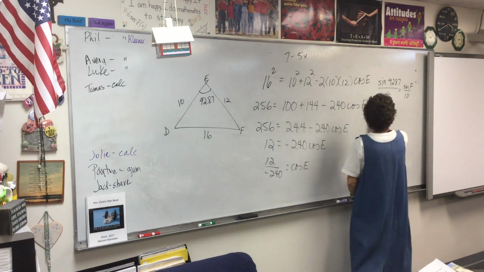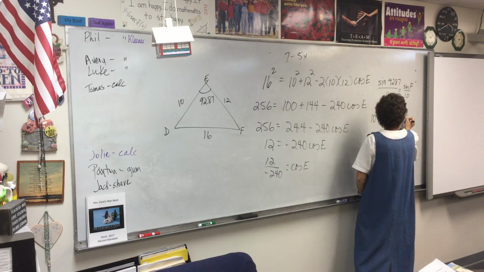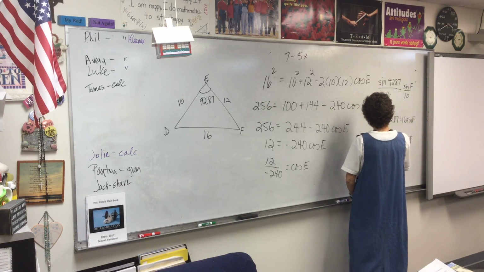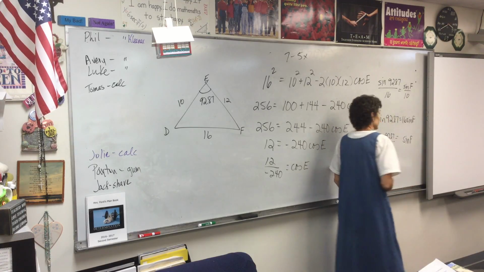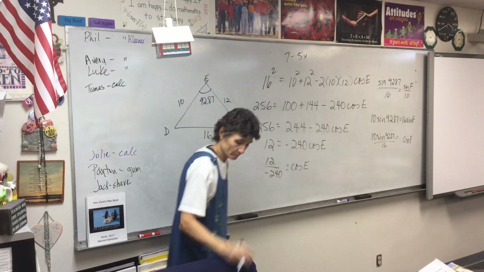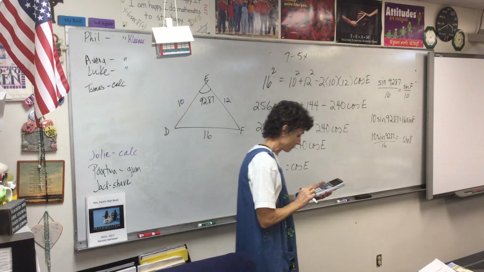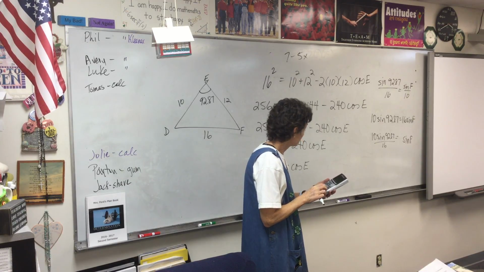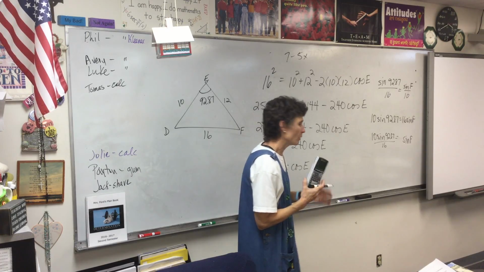So then we cross multiply. And this time, Clayton, I'm going to divide by just 16. Would you agree? This is another one, though.